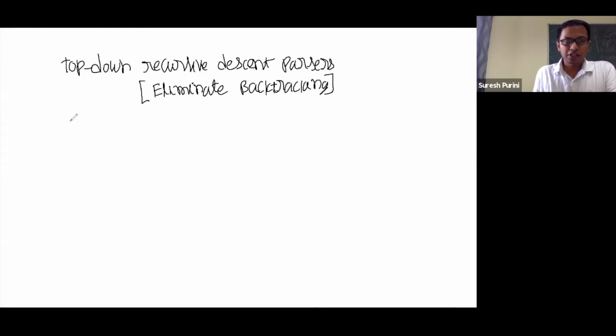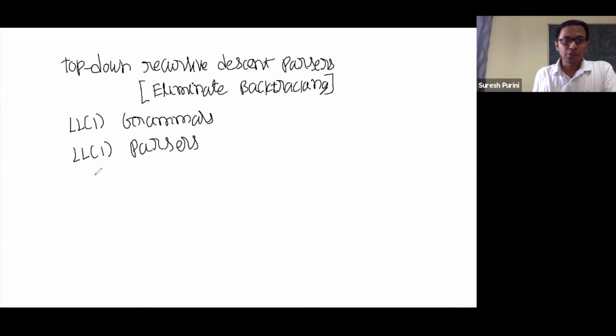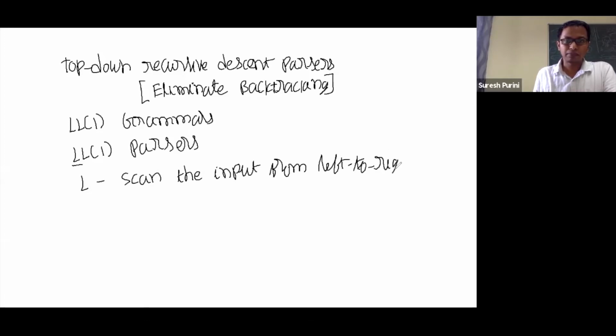So in this context, we introduce the notion of LL1 grammars and associated parsers, which we call LL1 parsers. In LL1, the first L stands for the fact that we scan the input from left to right. This is usually the case.